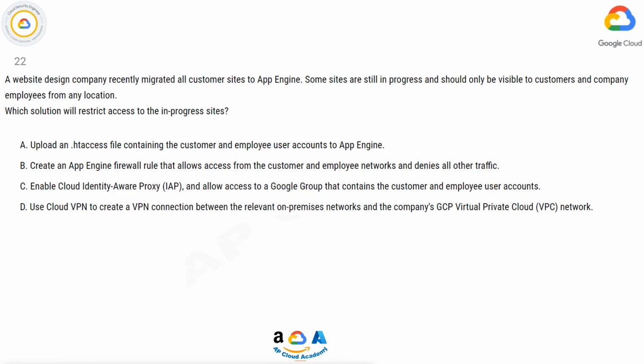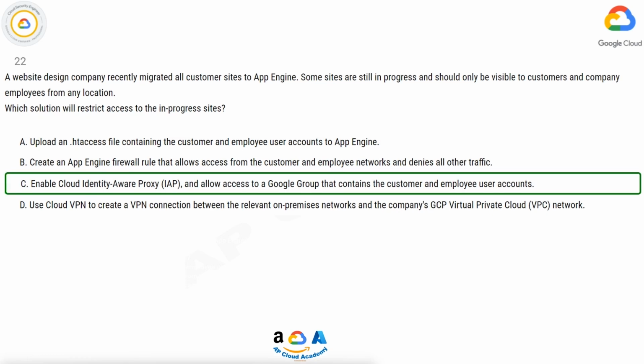C. Enable Cloud Identity-Aware Proxy, IAP, and allow access to a Google group that contains the customer and employee user accounts. D. Use Cloud VPN to create a VPN connection between the relevant on-premises networks and the company's GCP Virtual Private Cloud, VPC, network. Correct answer, C.